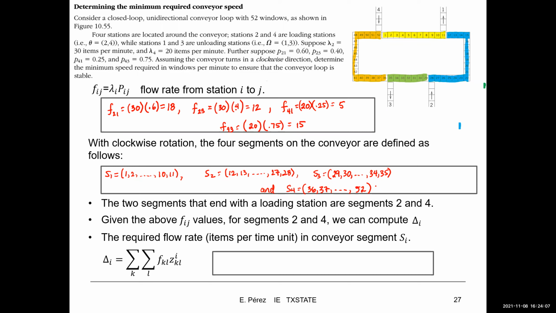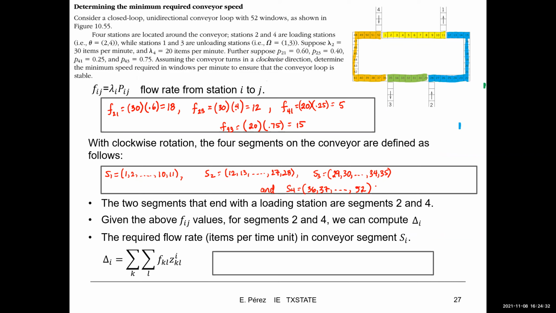Then from 13 to 28, it is ending on this loading station. From 29 to 35, ending in this unloading station. And then from 36 to 52, it is ending on this loading station. Okay, so the 2 segments that end with a loading station are segments 2 and 4.